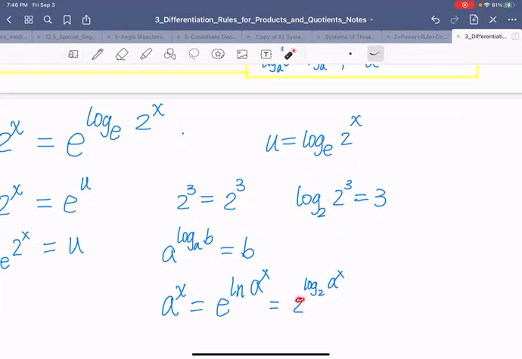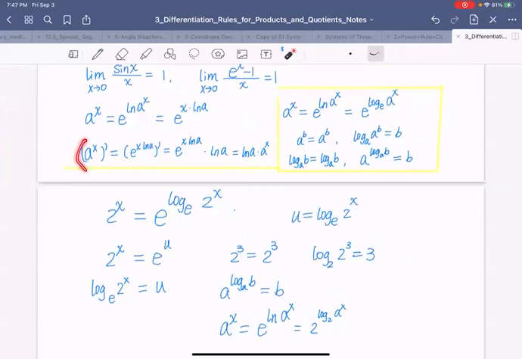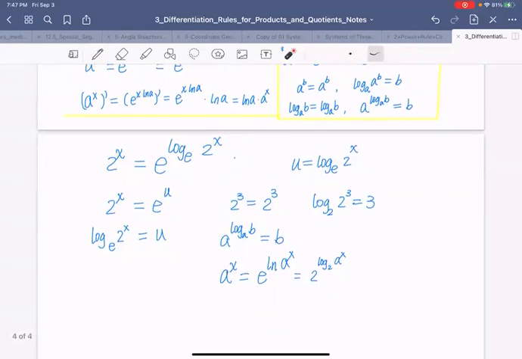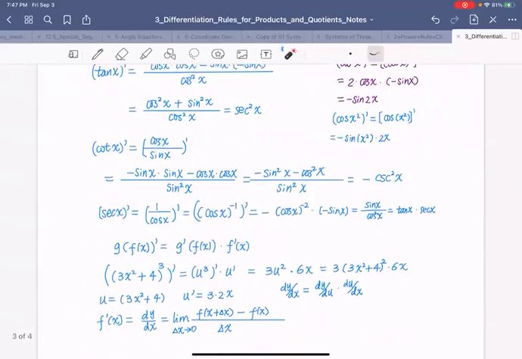You can put any number here. It is always true, as long as a is positive, because this guy has to be positive. That's about this formula. To do this one is not easy. Now let's move on, continue.